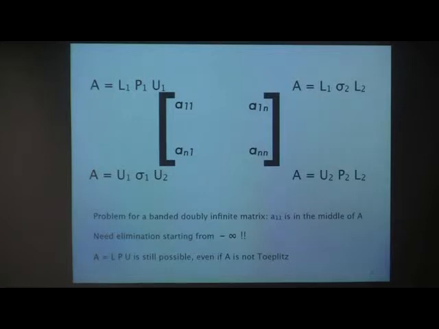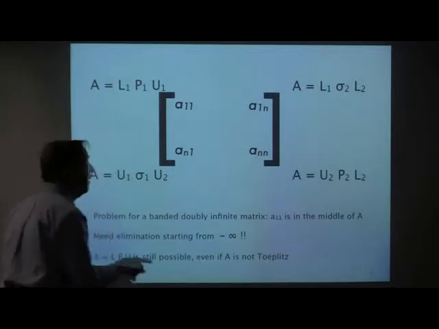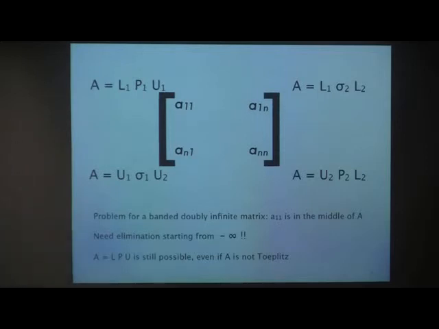I'll try to say a few words about the direction of that proof. So that's one of the problems, to do a straightforward matrix factorization when the matrix is doubly infinite and not Toeplitz. You see, of course, that if it's Toeplitz, then the Gohberg, Plemelj, Birkhoff theorem is going to do it for you.